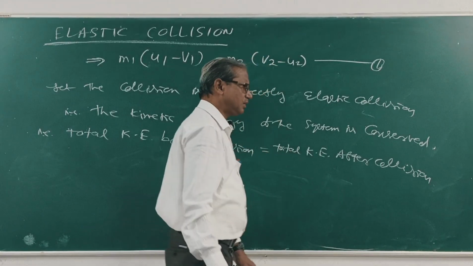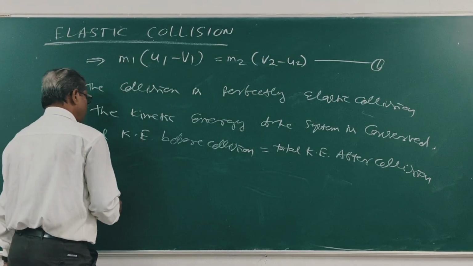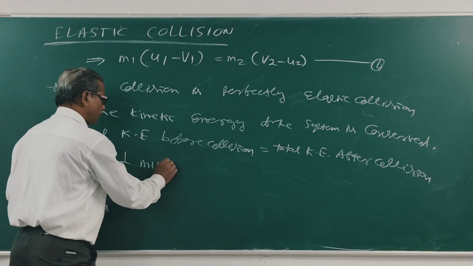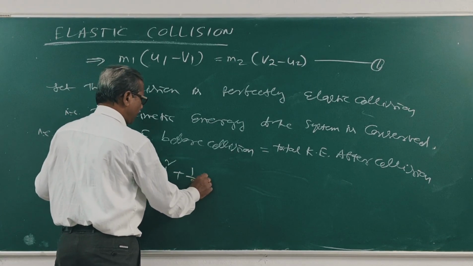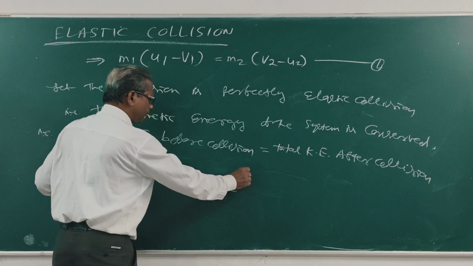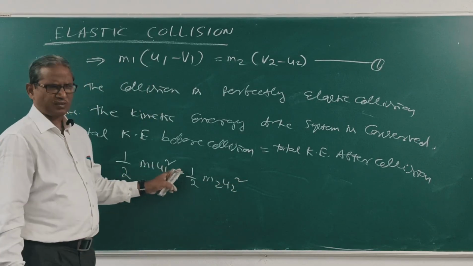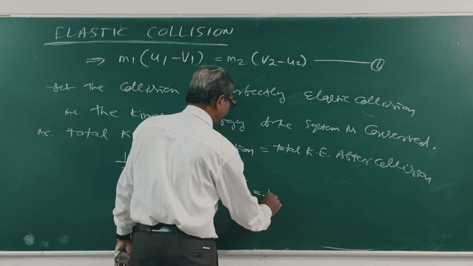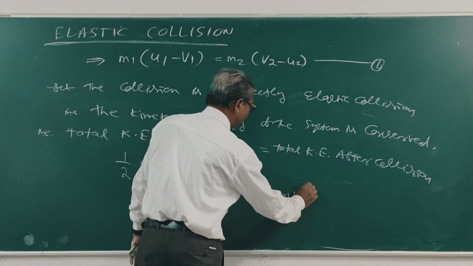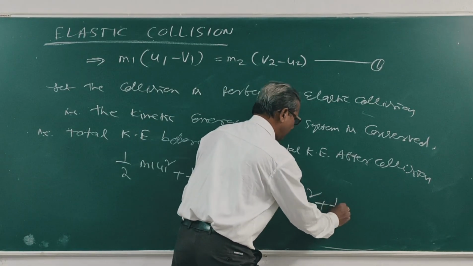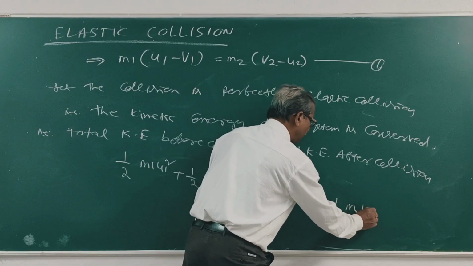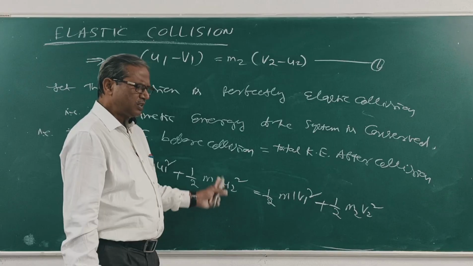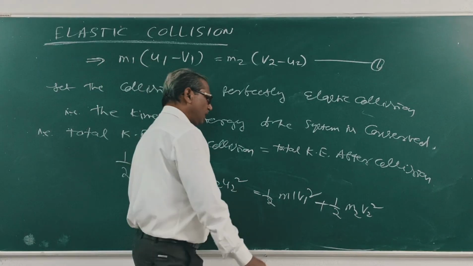Right? This implies total K before collision is half m1 u1 square plus half m2 u2 square. What is after collision? Half m1 v1 square plus half m2 v2 square. Clear? This is before collision, this is after collision. Half cancels out.